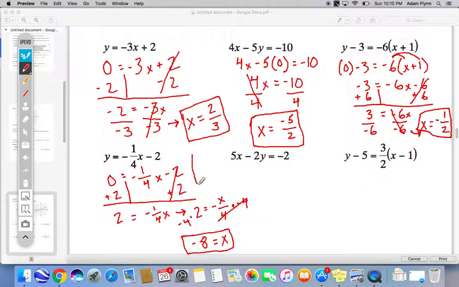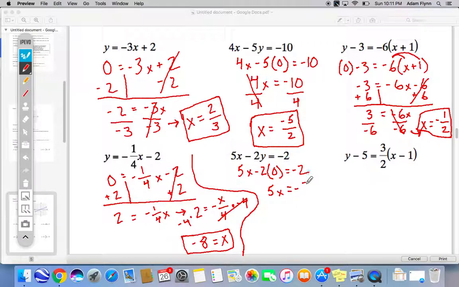All right, so let's move on to this next standard form equation. So I have 5x minus 2 times 0 equals negative 2. So if I rewrite that, 5x, negative 2 times 0 is 0, so I don't have to write anything.